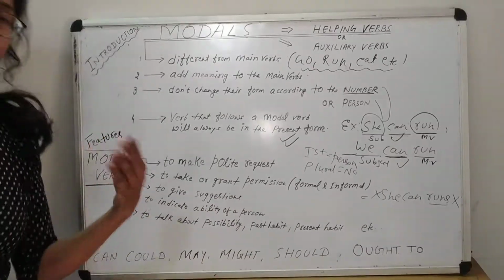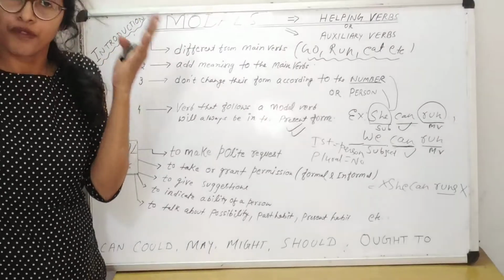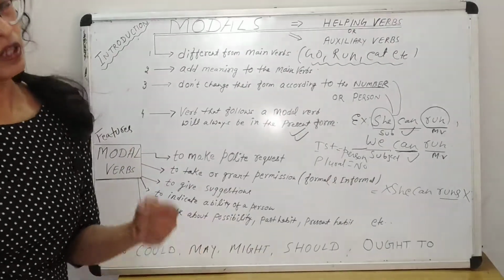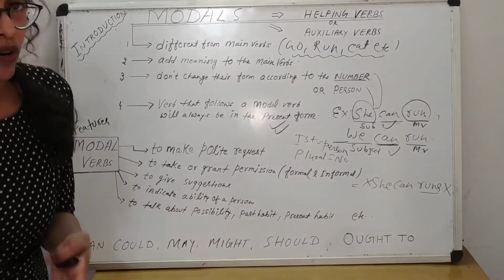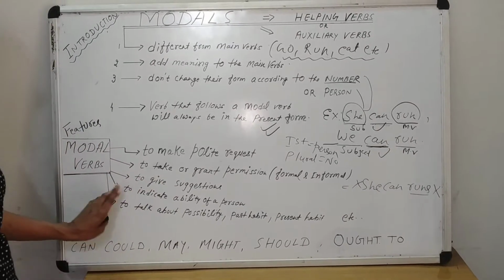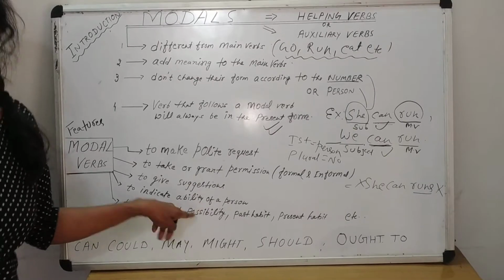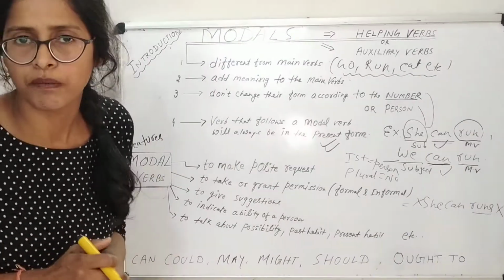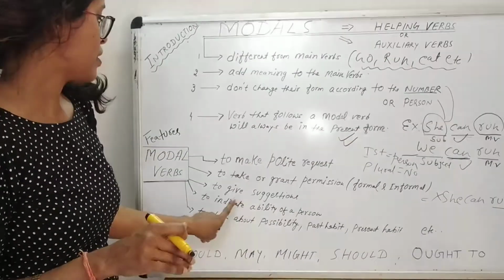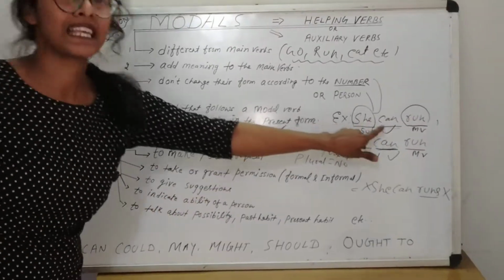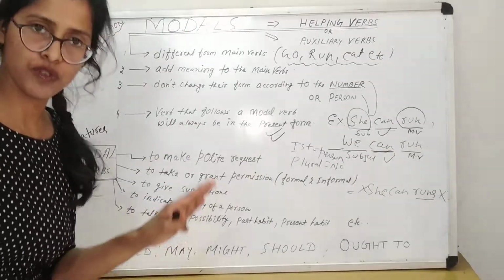Third, to give suggestions. Suppose you are giving advice to your friend or your colleague, you can use a modal verb like should or ought to. Next point, to indicate the ability of a person. In that case, you can use a modal verb like can to express the ability of a person.